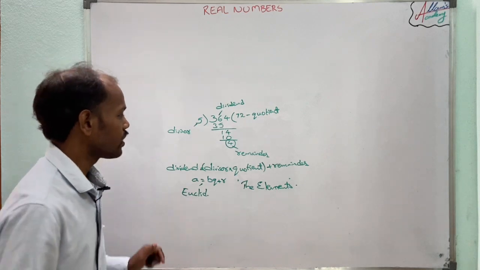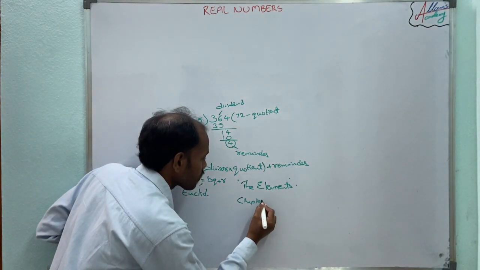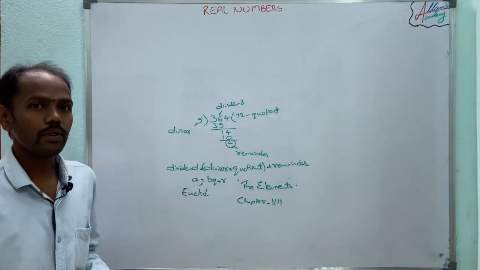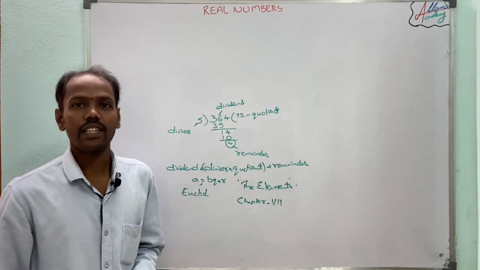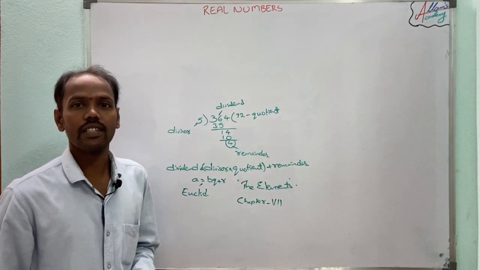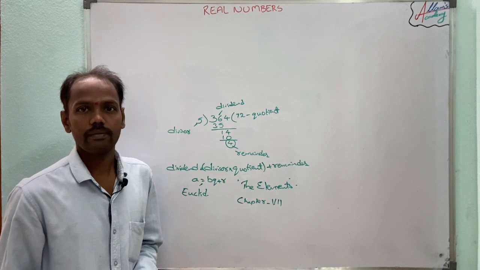In the book The Elements, chapter 7, this principle is written, so it is called Euclid's division lemma. By using this Euclid's division lemma we solve some problems.